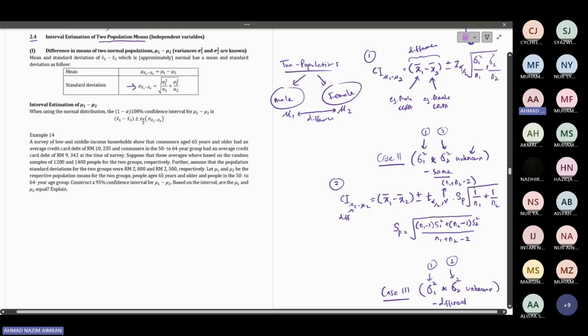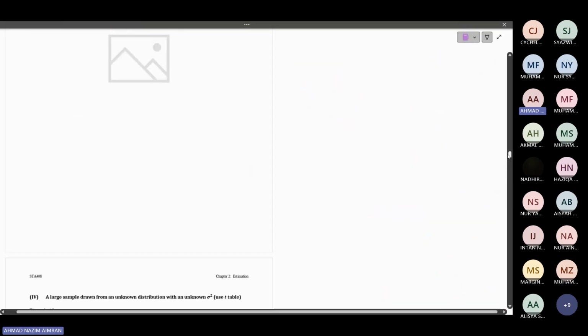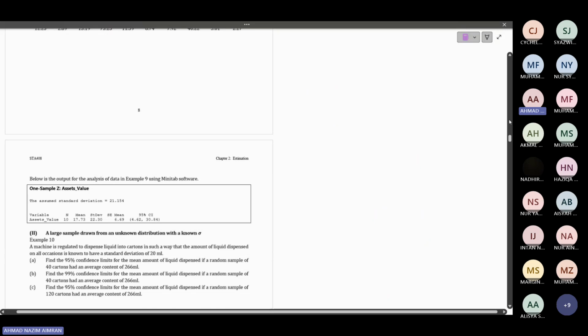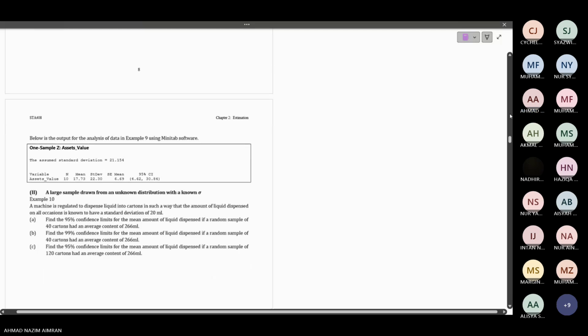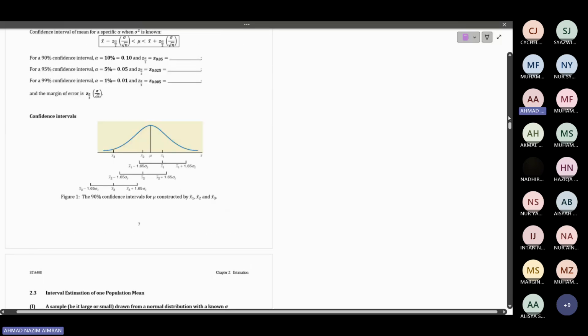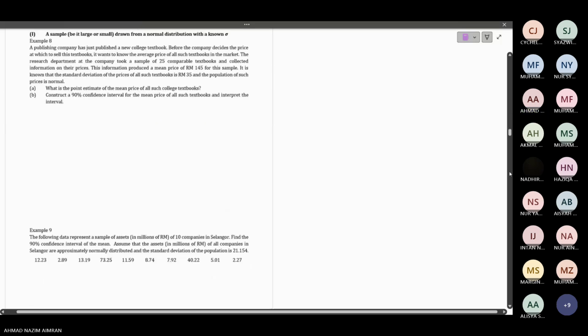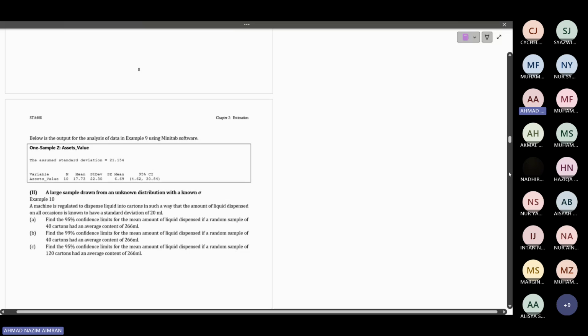Previously, for one population, how do we get the variance? It is n minus 1.